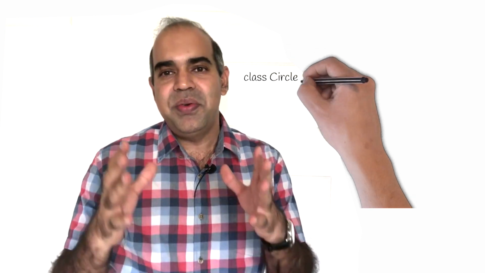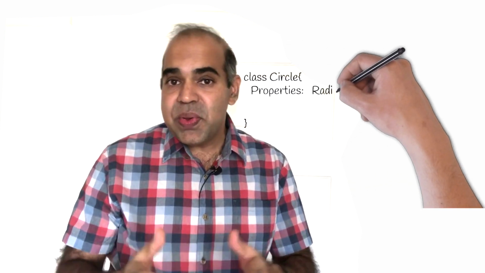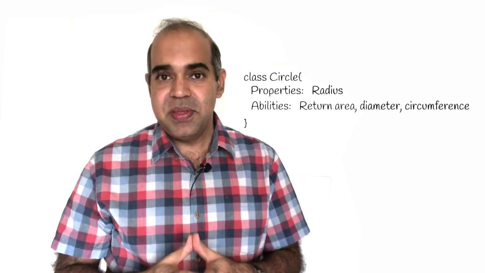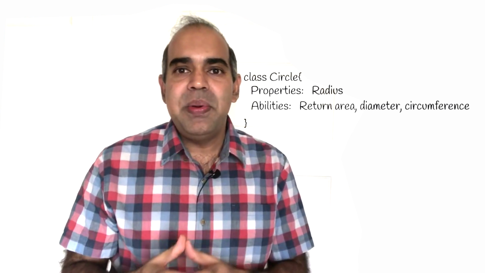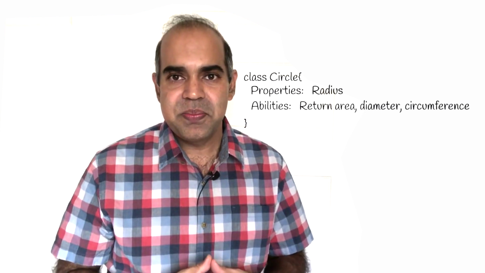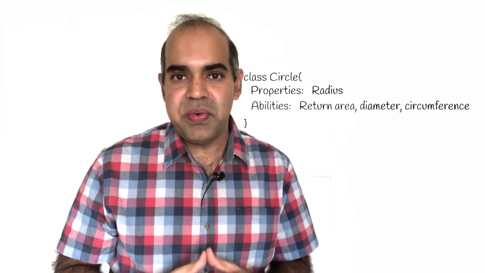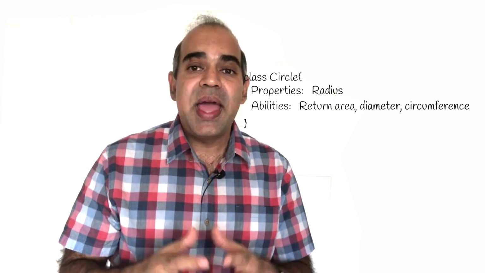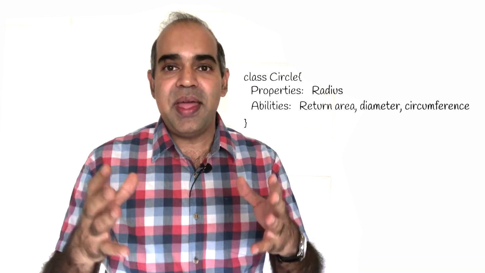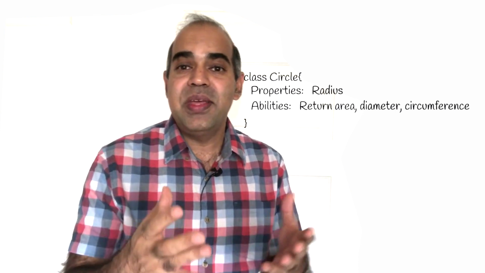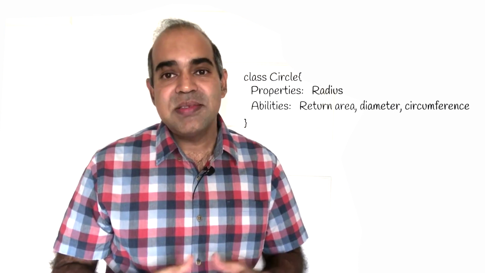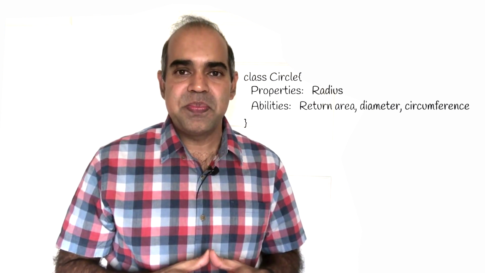To define a circle, we actually do not need anything more than the radius, because we can generate the diameter, the circumference, and the area. What are the abilities of a circle? If we know the radius, a circle class can give us an idea about the area occupied. It can give us an idea about the diameter as well as the circumference.